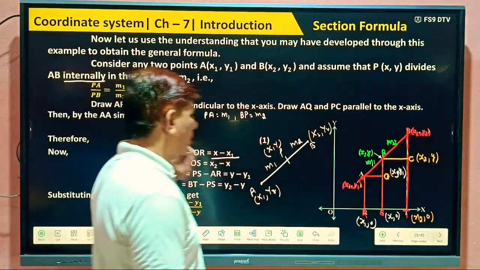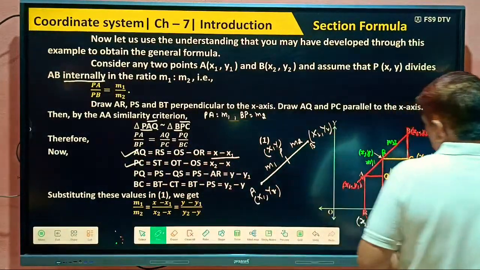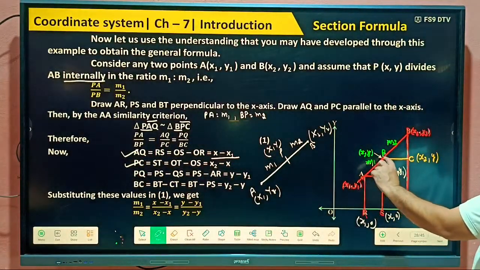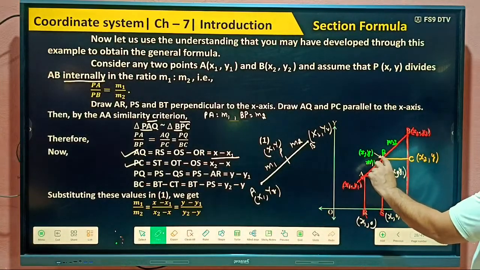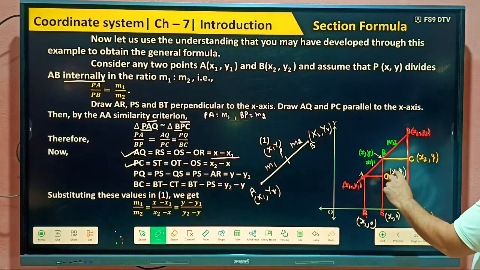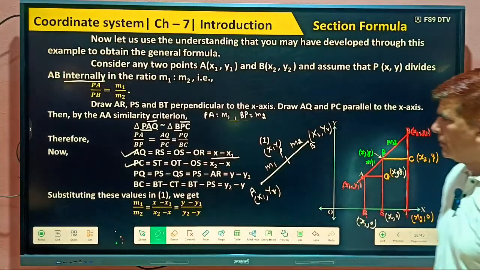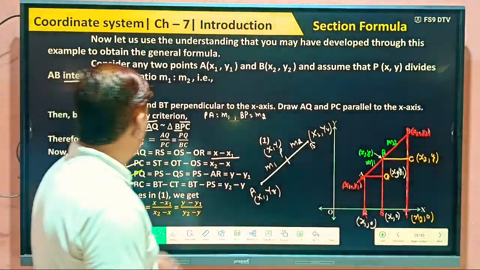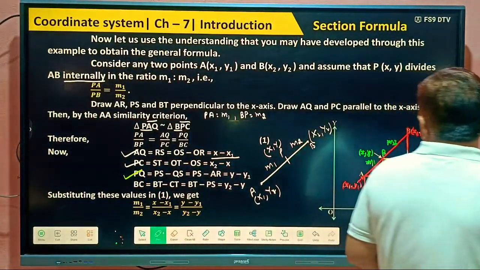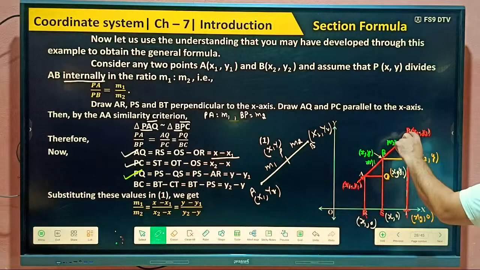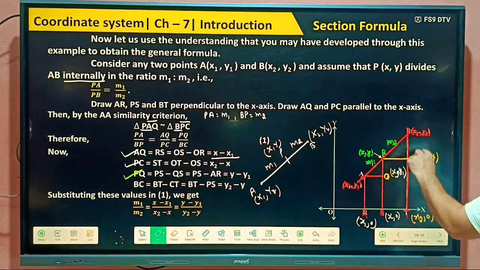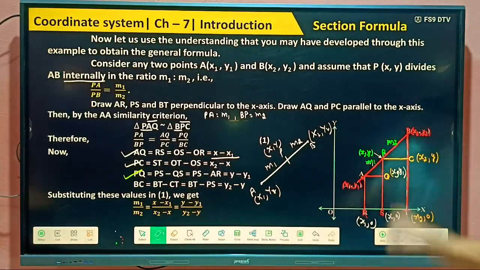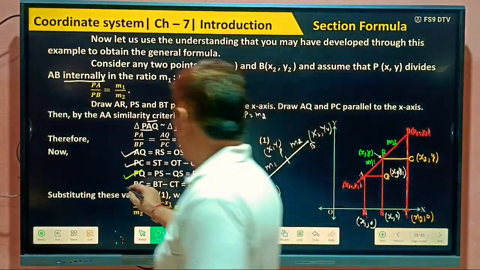Now next, PQ. This is PQ: x minus x, y minus y1, so y minus y1. Then what is left? BC. BC is this: x2 minus x2, which is 0, and y2 minus y.